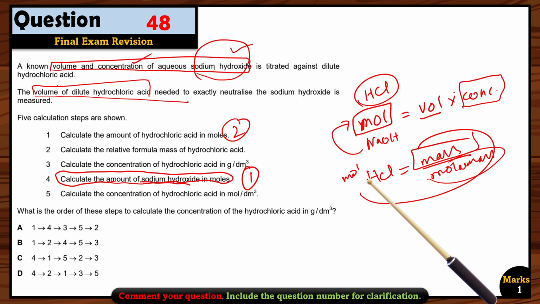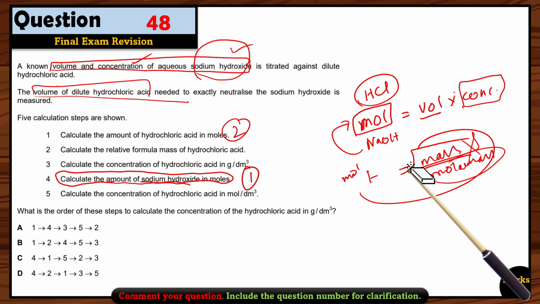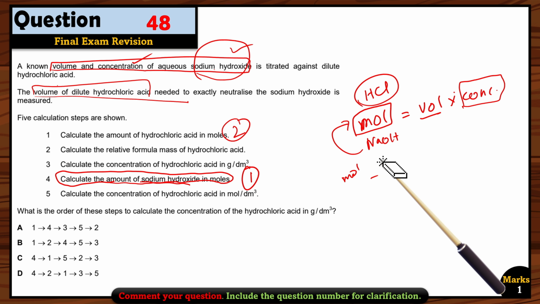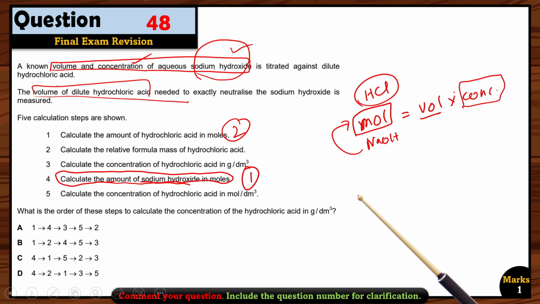Now the third question will be related to the concentration. Okay, so once you know that the first option is 4 and the second option is 1, if you look here, this is only option C. But if you still want to continue, you can look at what the third thing we have to calculate is.